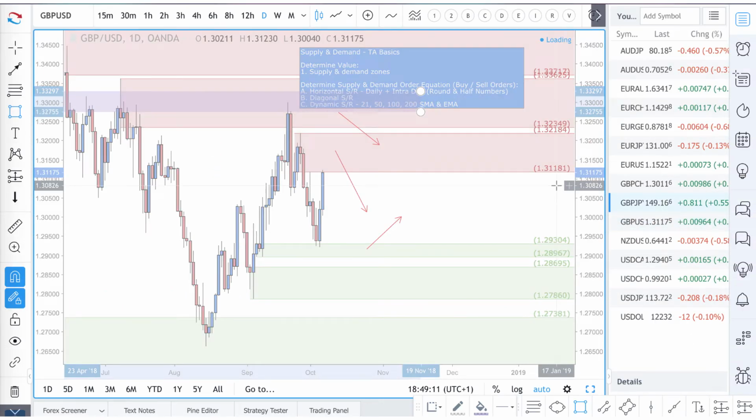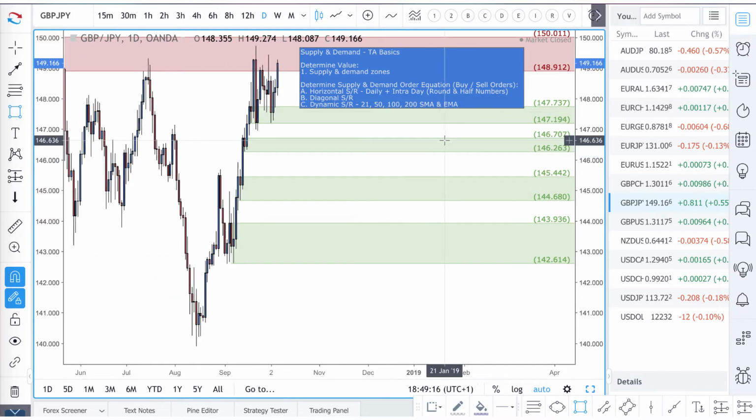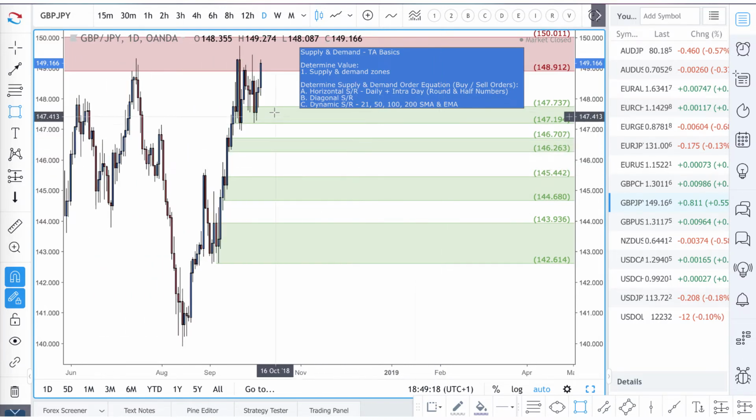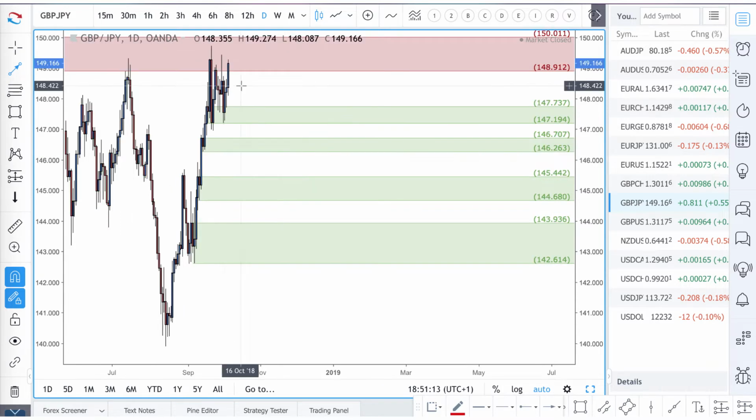Looking at the pound yen, we are into an area where we have supply, resistance, touched it a few times. So potentially this is an area to try and look to get short, or we could look to get long, right, around here.